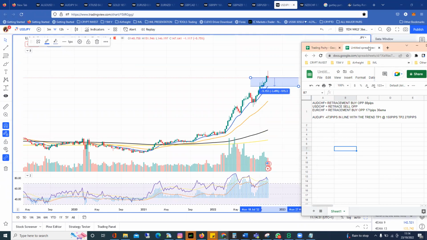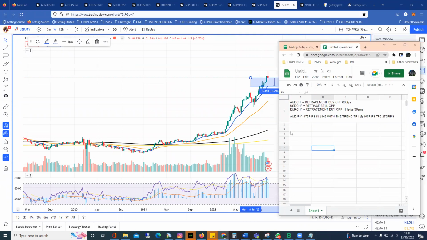So now, in this spreadsheet, we want to have something like in line with the trend.